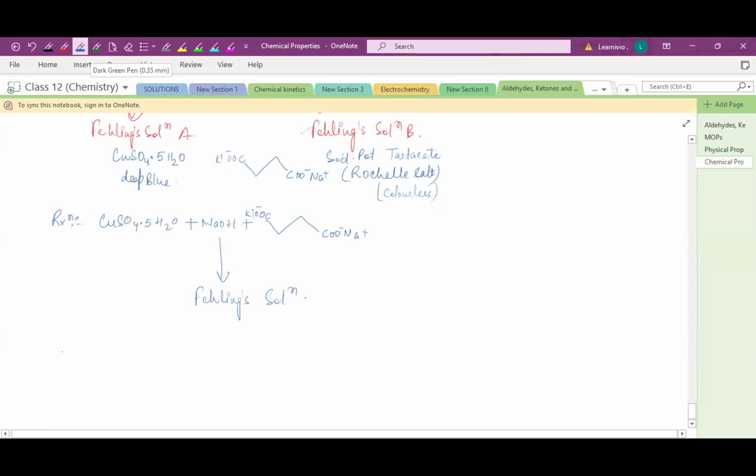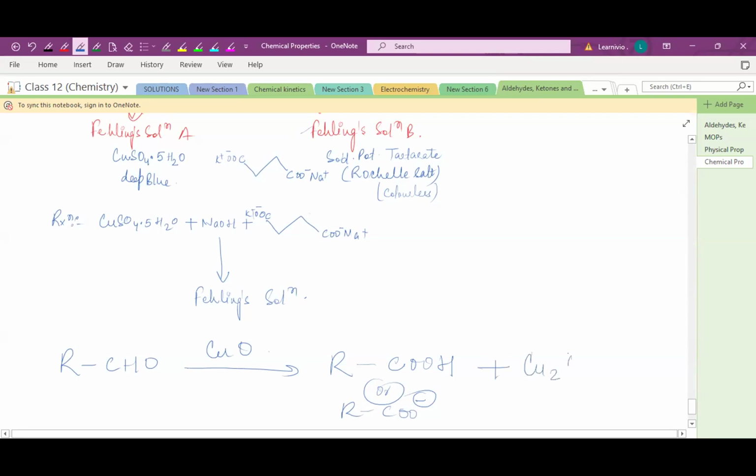So when you take the aldehydic group, RCHO, and treat this with a Fehling solution containing the Cu2+ complex, what happens? It will oxidize. This aldehydic group will oxidize to the corresponding carboxylic acid, RCOOH, or you can also write RCOO minus, as an anion के form में भी आप लिख सकते हो.